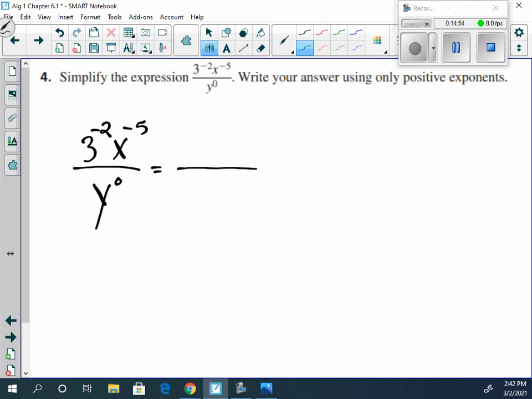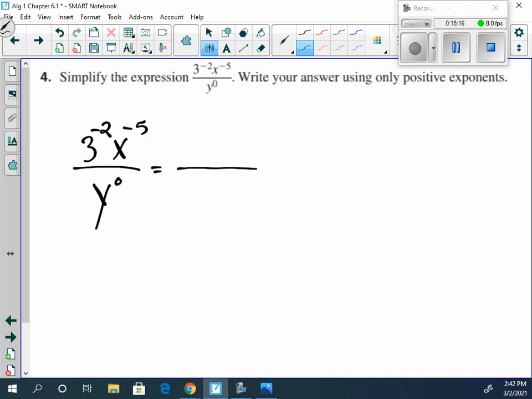Okay, what do we need to do? So where are our negative exponents? On top, yes? So to make them positive, we have to move them, either from the bottom to the top or the top to the bottom.